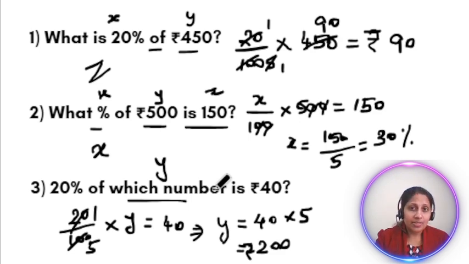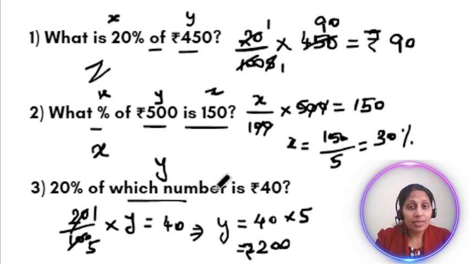The answer is as simple as that. Whatever the percentage problem, try to bring it in this form and understand whether you need to find the rate percent X, or Y, which is your whole total, or Z, the result value. And one more thing you have to pay attention to is, "of" means multiplication. You do the multiplication.